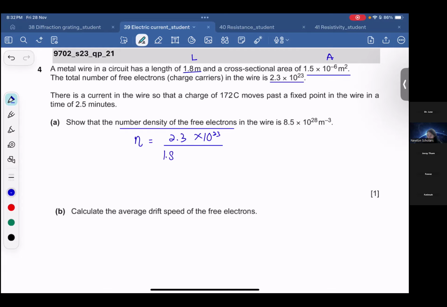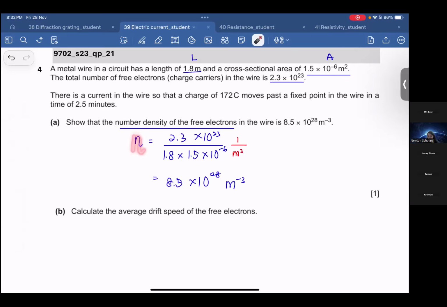So we multiply them together. That's all. Per meter cube, because number of electrons doesn't have a unit. Then per volume, this is meter cube, so it's 1 over m cube, per meter cube. This one just wants you to know how to calculate the number density.